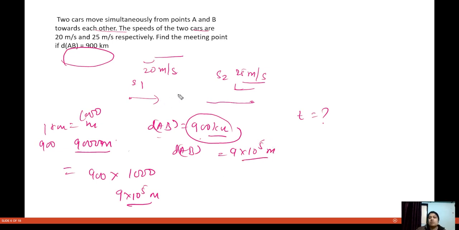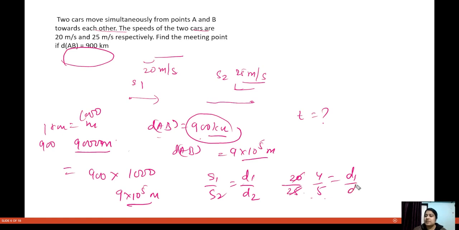Fine. Now the ratio of their distances, S1 divided by S2, is equal to D1 divided by D2, because the point at which they will meet will be the same. So this will be 20 divided by 25, which is 5 times 4 and 5 times 5.